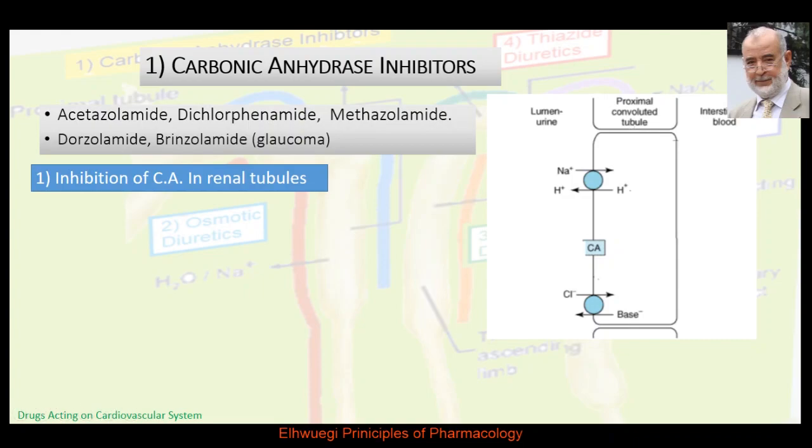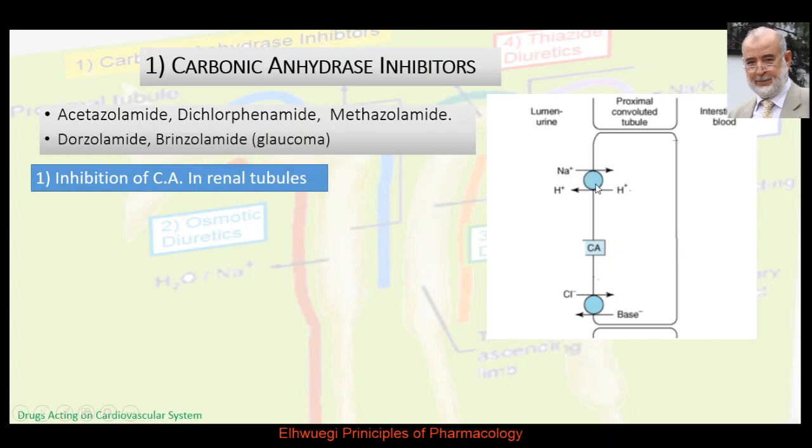For example, all sugar is reabsorbed passively through the proximal convoluted tubule from the urinary filtrate into the general circulation. Amino acids as well, and other electrolytes. 70% of the sodium is reabsorbed from the urinary filtrate into the general circulation in the proximal convoluted tubule.